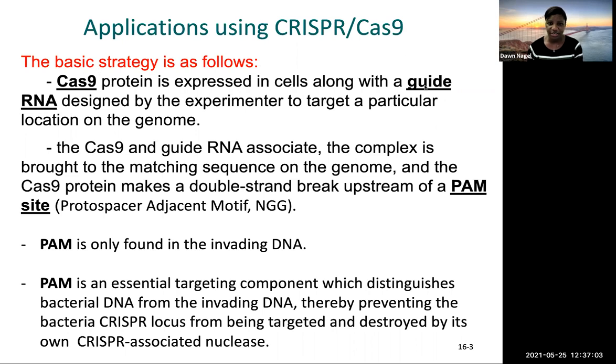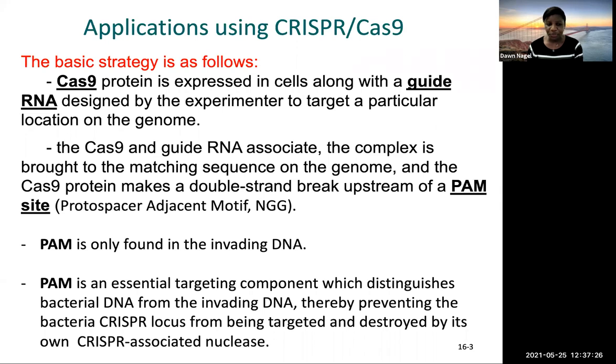So you need a Cas9 and you need a guide RNA that's designed by you to find the location within the genome. The guide RNA is usually designed based on where you want to target in the genome. So this complex enables us to find any region in the genome where we want to alter or modify in any way.